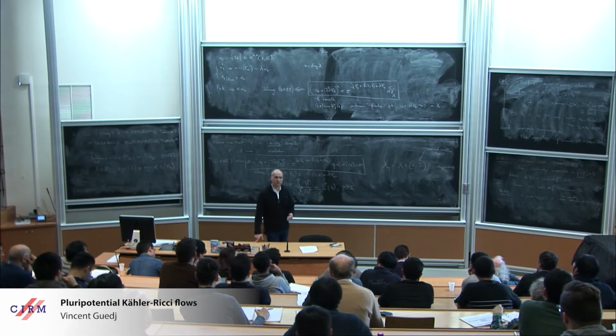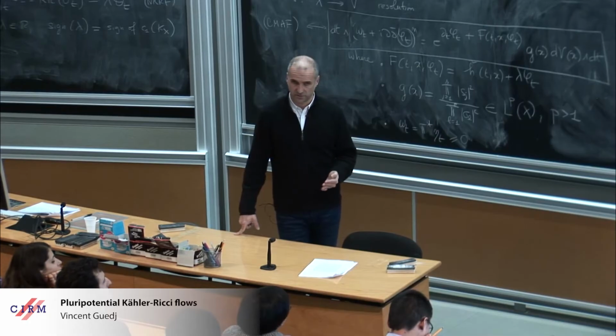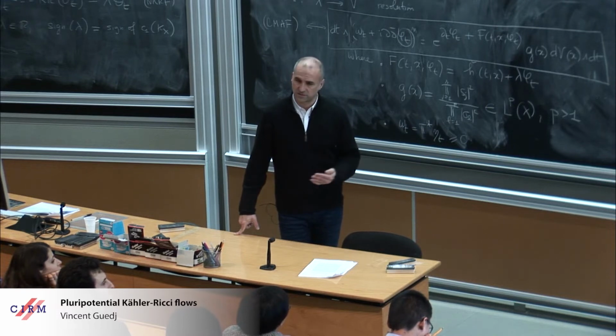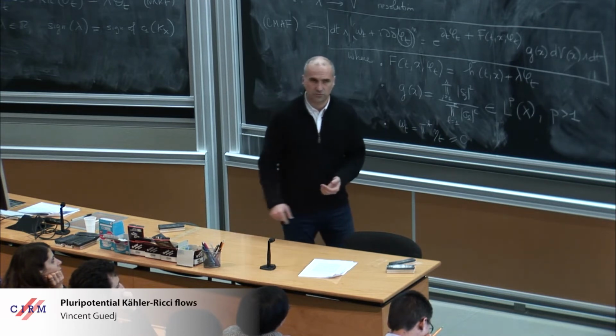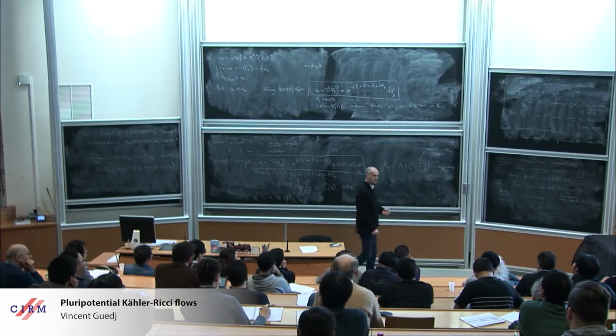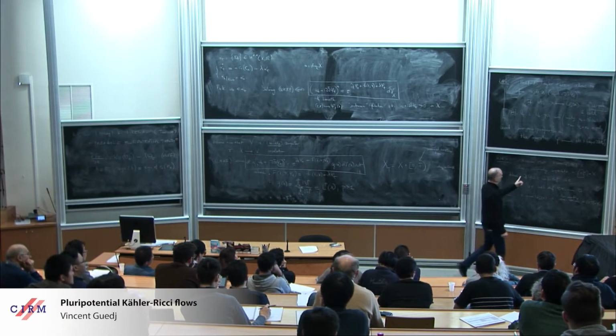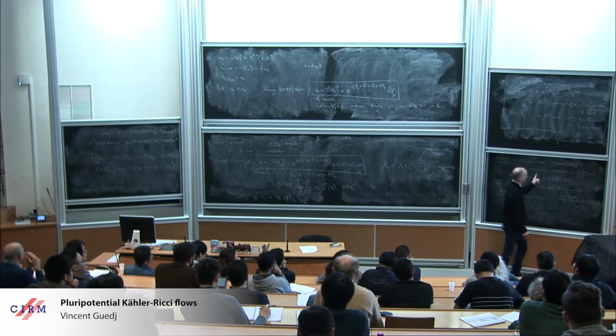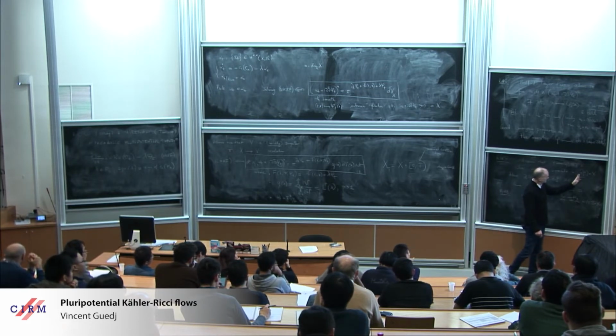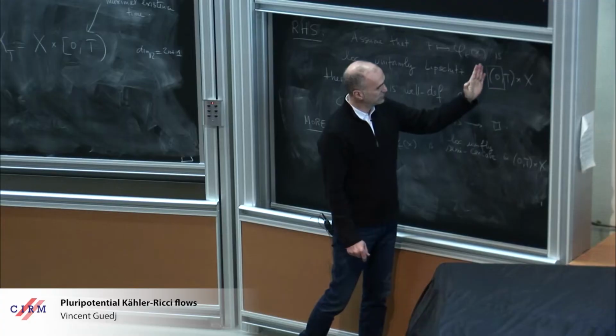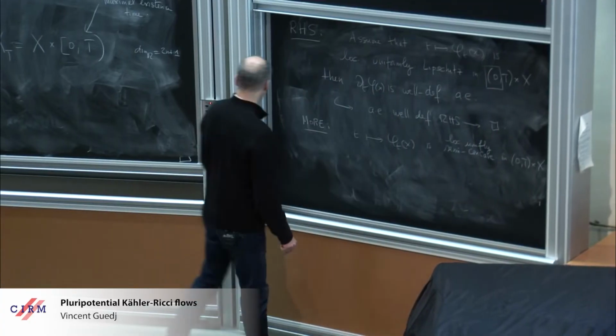So you can start from poorly regular initial data, and the flow will have the tendency to smooth it out. So it's natural to expect good regularity in time for positive time, but you shouldn't expect good time regularity up to time 0. So the local here means you should stop the uniform estimate before time 0.